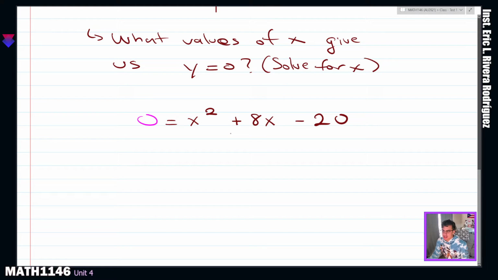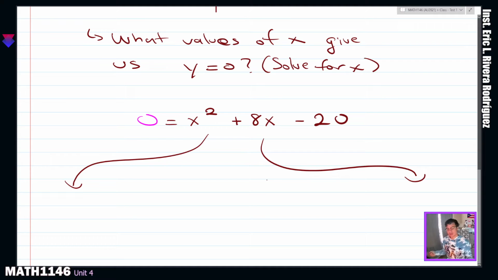And this is not so easy to do because we have a quadratic equation. What we have is an exponent, or a power of 2 there, and that's not as easy as working with a linear equation. When we are working with a linear equation, the only thing that we need to do is add, subtract, multiply or divide.